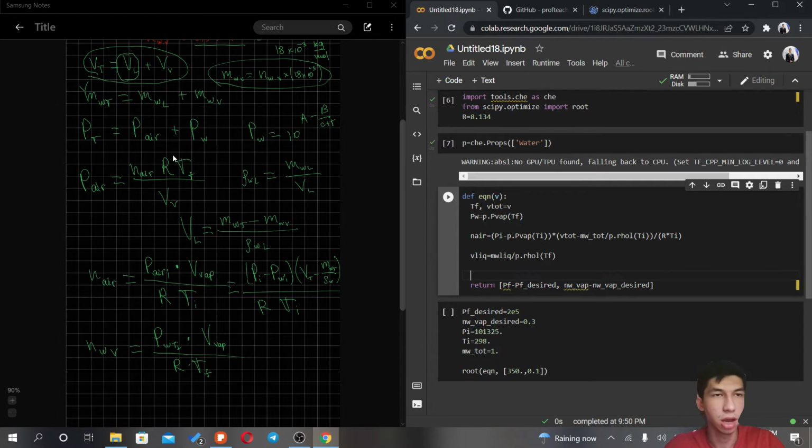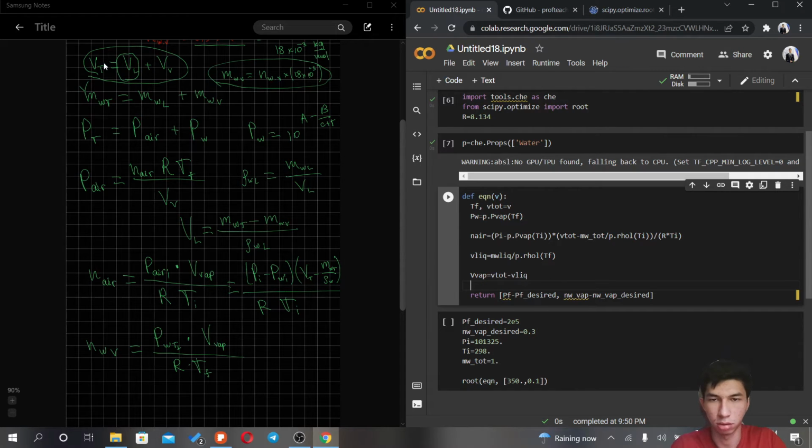And here we can now determine the volume of the vapor to be equal to the total volume subtracted by the volume of the liquid, which we determined earlier.